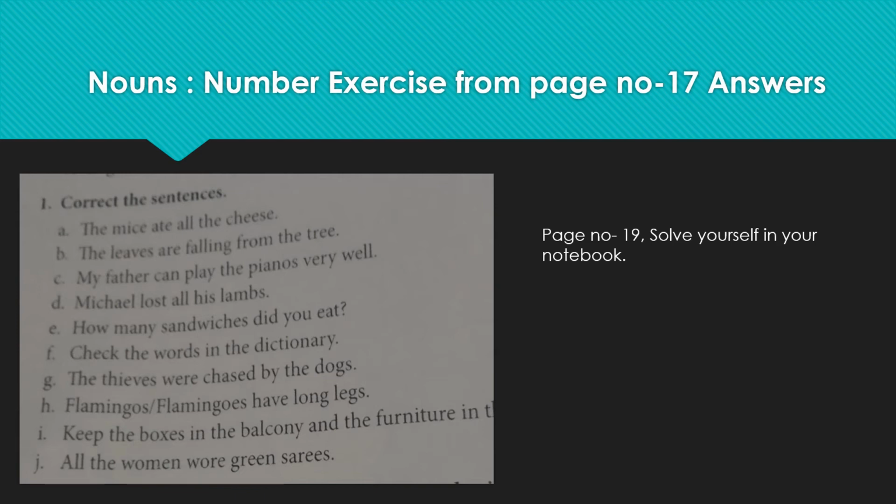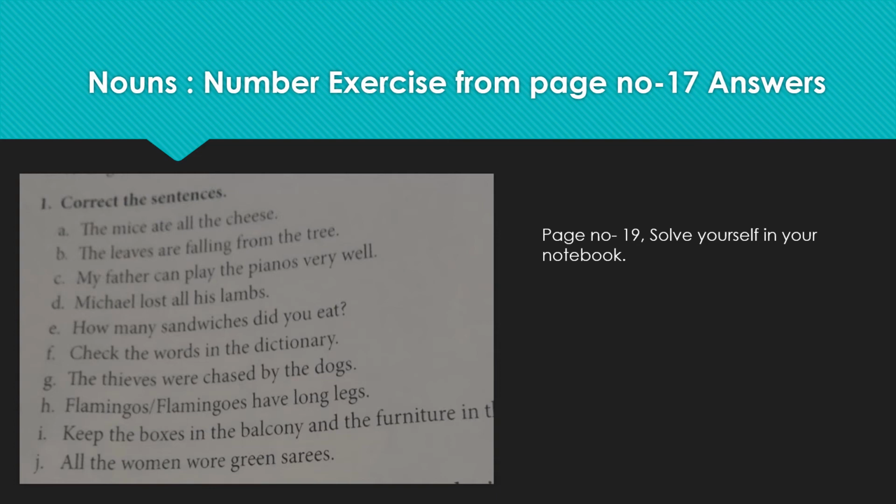Then noun number. Lesson number 5 in your textbook, noun number is given. Number means singular noun and plural noun. Do you know singular and plural? Yes, in standard 5th also, I taught you what is singular and what is plural.